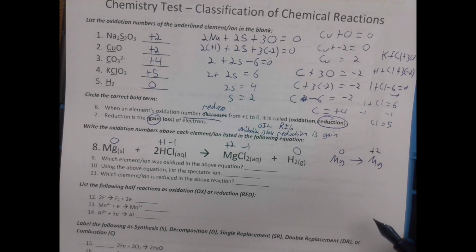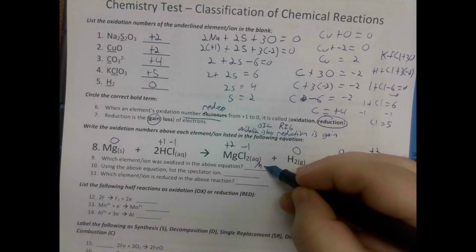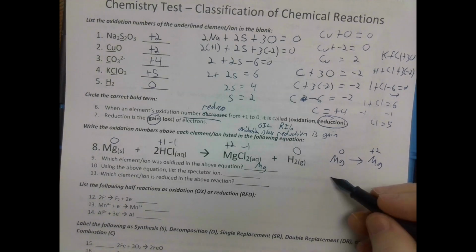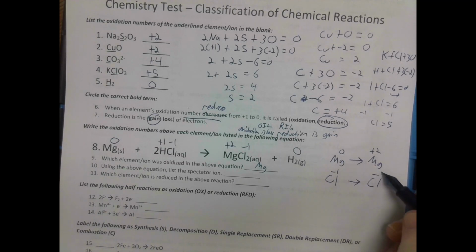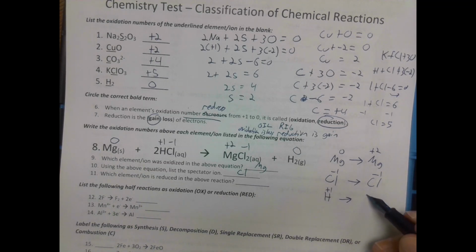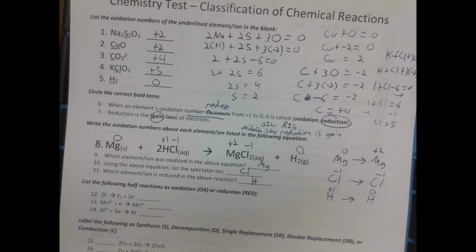It's being increased. So it's being oxidized. So magnesium is the element or ion being oxidized. Chlorine on the left is going from -1 to -1. This is what we call a spectator ion. If it doesn't change, it's a spectator. And we see hydrogen on the left is going from +1 to 0. It's being reduced. So hydrogen must be the element being reduced.